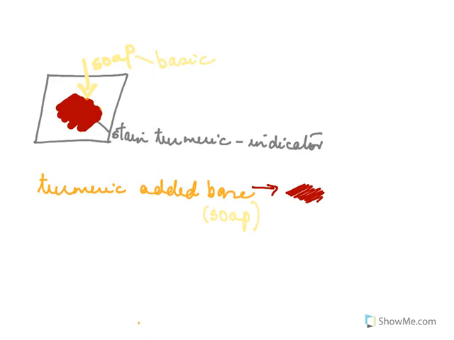Then I wash it away. I add water here and try to wash it away, hoping my turmeric stain will go. But after I wash it away, back again I get the yellow stain.